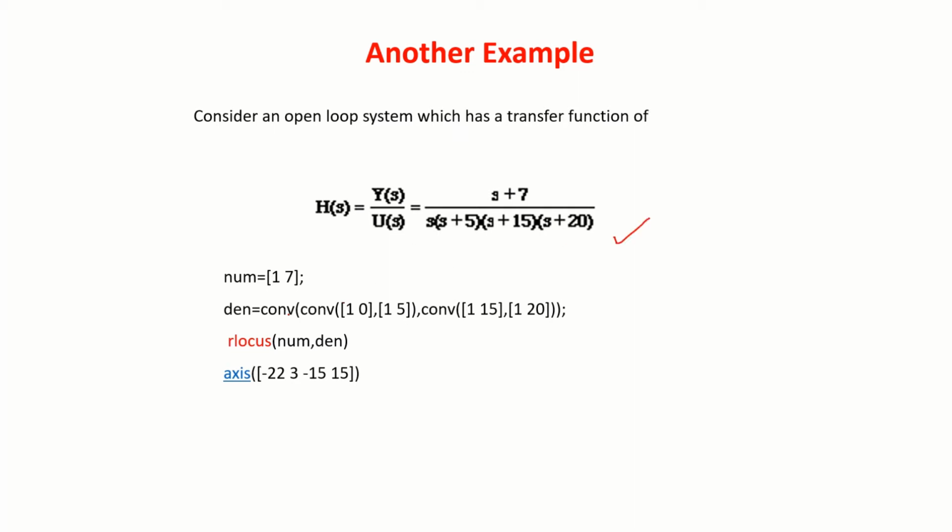The numerator is 1, and another way of doing it is that den is the convolution of [1 0] and [1 5], these two I have multiplied, again [1 15] and [1 20] I have multiplied. So again the whole thing I have convolved. That's how you get this denominator. This way also you can write.